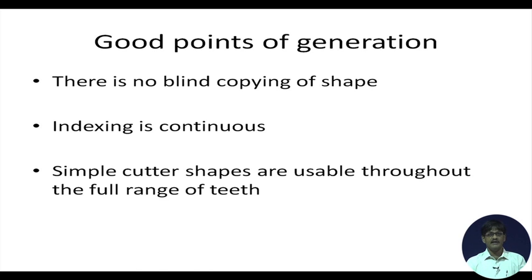Next one is that indexing is continuous. The process of indexing that we have learned in the case of milling is not continuous. Why? Because we have to stop the cutting process, rotate the gear blank, and only then can we start the cutting of one more gear tooth space. As indexing is discontinuous, inherent errors in the discontinuity of a process will bring inaccuracies in the workpiece. What sort of inherent errors?